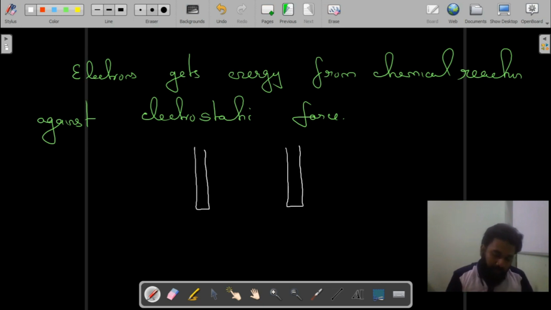So one thing we can infer here is which is at a higher potential and which is at a lower potential. Wherever negative charges are there, that we call anode, and wherever positive charges are there, that is called cathode.